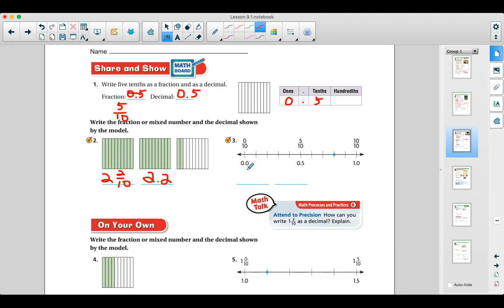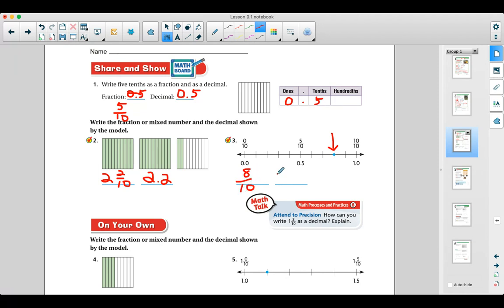Okay, and the same thing here. The dot is here. So let's figure that out. This is 0/10, 1, 2, 3, 4, 5/10, 6/10, 7/10, 8/10. So let's write it as a fraction, 8/10.